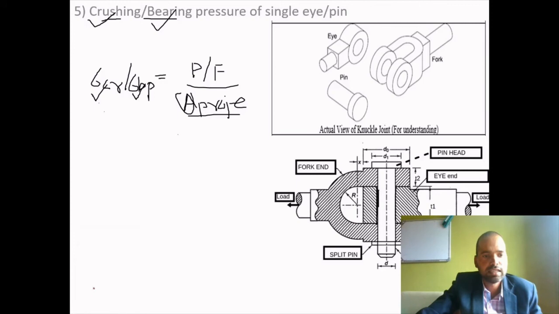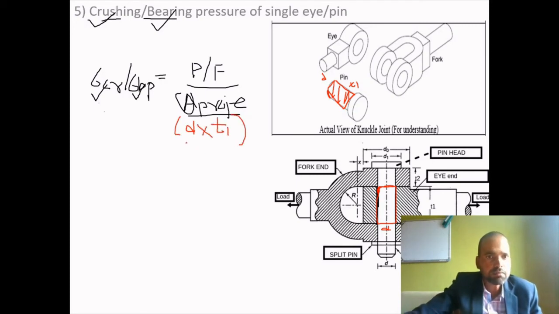If I project this surface, which is under crushing, it will look like a rectangle. This dimension is thickness T1 and this dimension is D. So this is D and T1, so projected area is equal to D times T1.